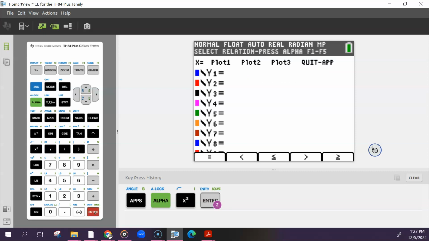If you're not on the screen, raise your hand. Apps, Inequalz, enter, enter. Anyone else not on that screen?